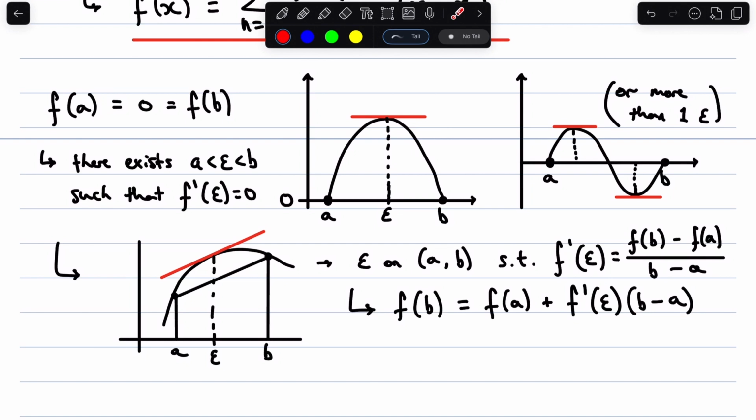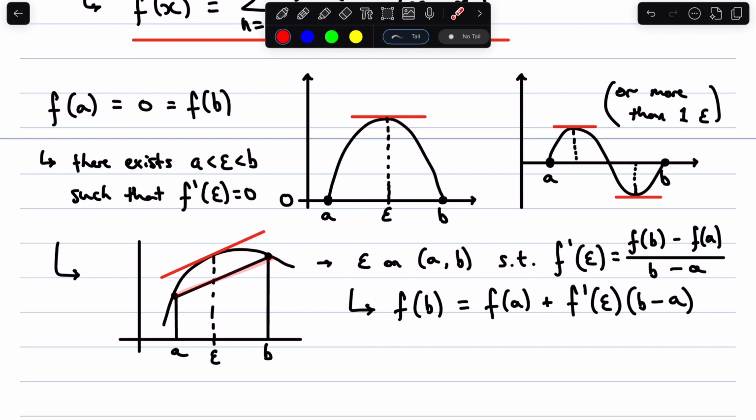Therefore, what you can do is now look at just a general function. It doesn't have to have these points a and b which are 0, just any function. There must exist a point between a and b where our epsilon now provides the gradient of the chord between a and b, if that makes sense.